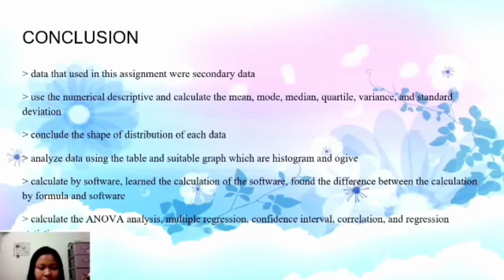And we also calculated some of the data by software. We have learned the calculations of the software and found the difference between the calculations by formula and software. And we also calculated ANOVA analysis, multiple regressions, confidence interval, correlations, and regression statistics.